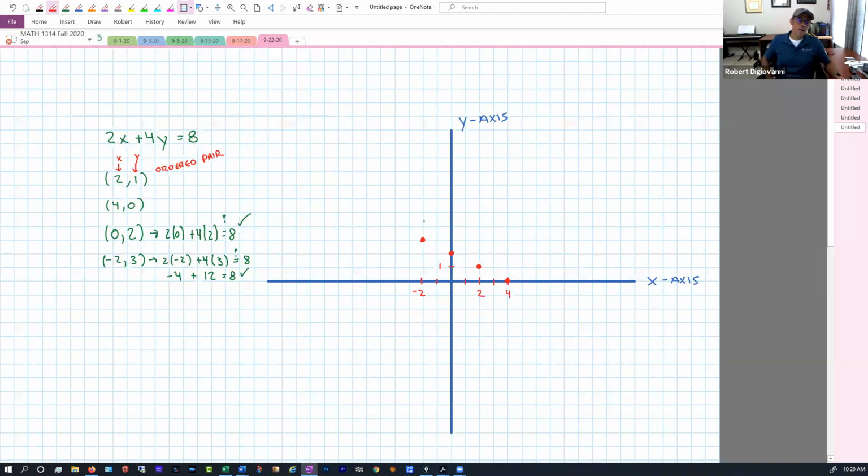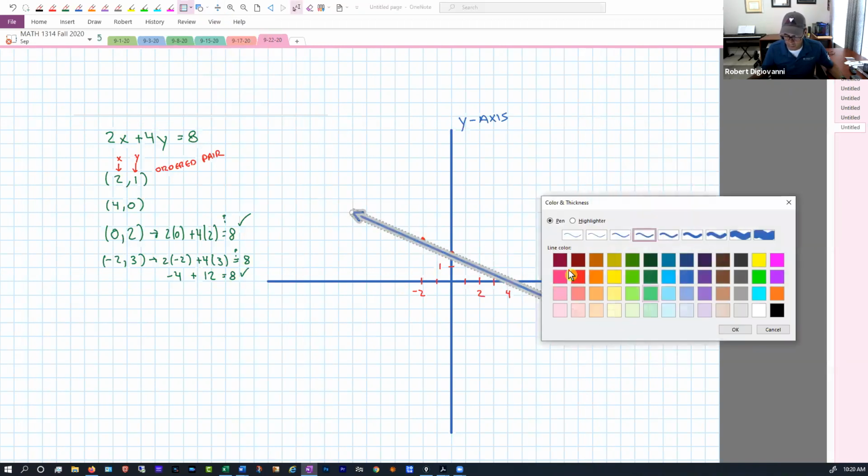And what you should start to see here is that even though we could sit here for the rest of our lives drawing dots, it appears that all the dots lie on a straight line. Doesn't it look that way? Doesn't it look like I could draw a line? Let me change the color. I'll go with pink.